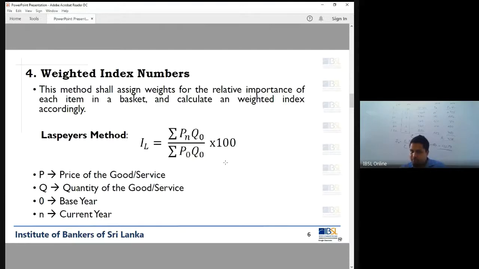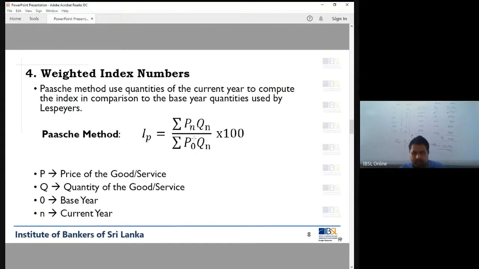Look at the price. Those are the historical prices of the base year that you define. The quantities, again, are the quantities that you define in the base year. So when you compute the Laspeyres method from the base year towards the next couple of years, are you going to change this base? No, the denominator is going to be kept unchanged.